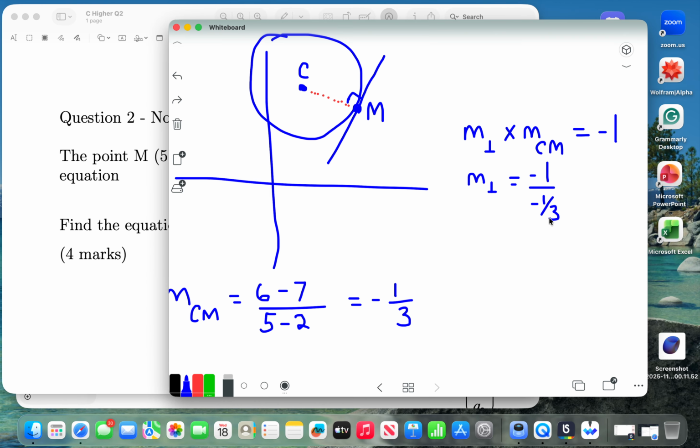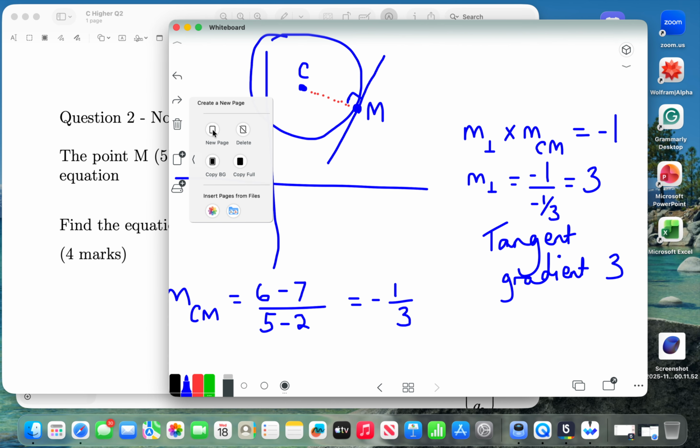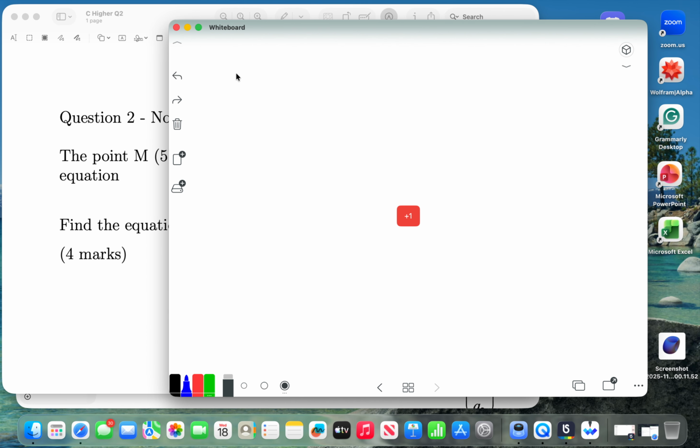Cancelling out the negatives, you get 1 divided by 1/3, which is 3. And we say the tangent gradient is 3.